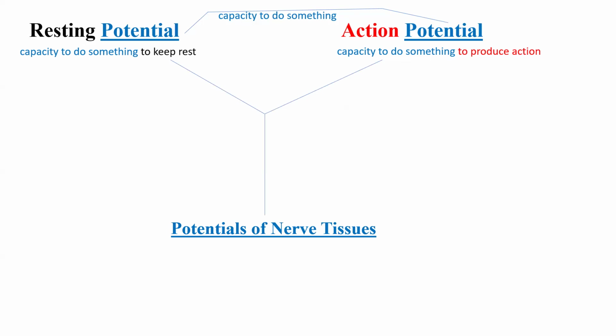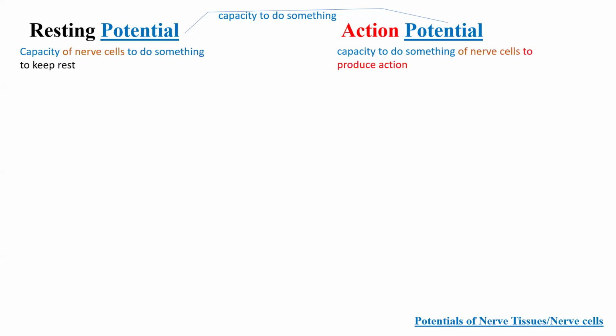So everything is associated here with the potentials of nerve tissues or nervous cells that are associated with your central nervous system, to keep the state of rest or to produce a particular action according to the circumstances happening at a particular time.